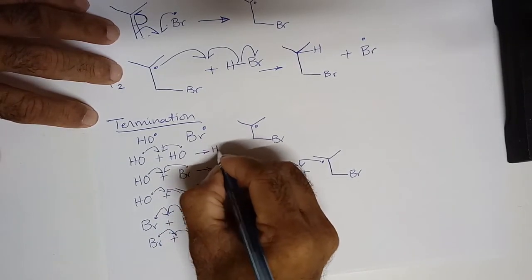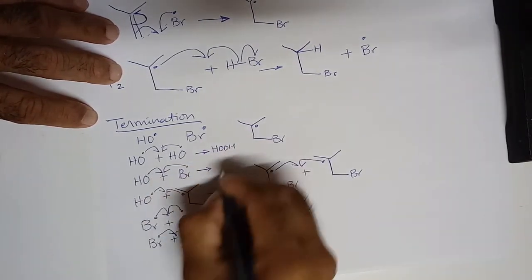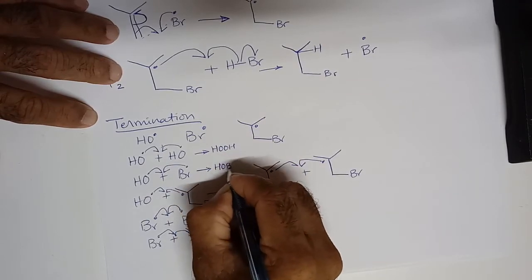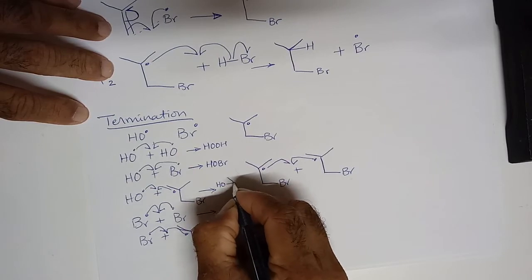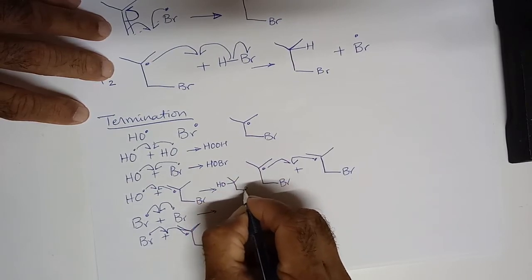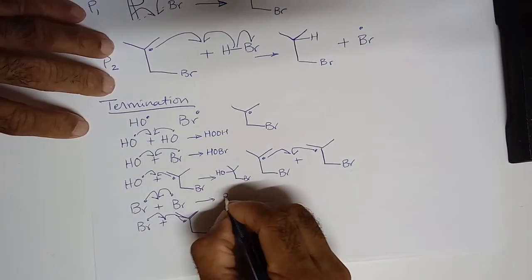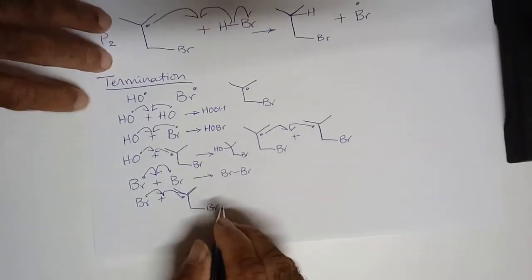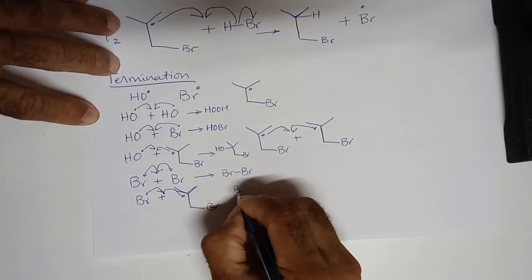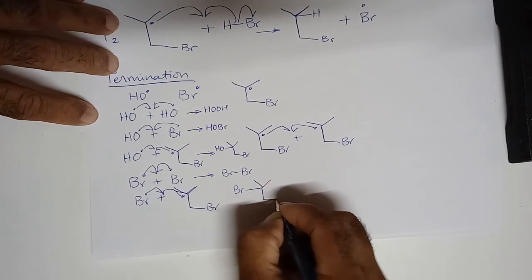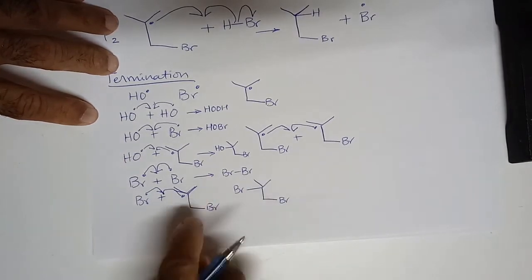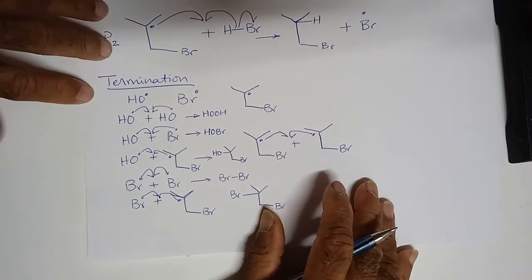In this case, HOOH. This is going to be HOBr. It's going to be HO boom boom Br. It's going to give you Br Br, and this is going to be Br. I'm just following the molecule.